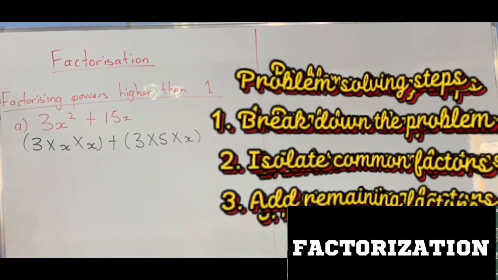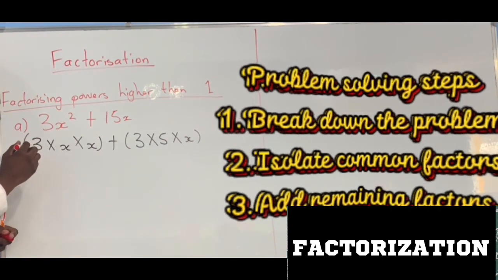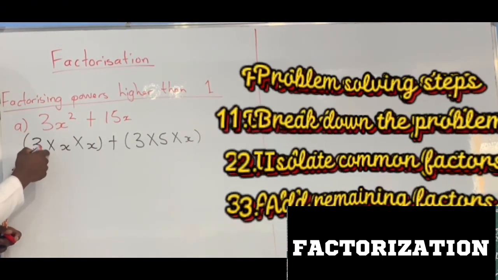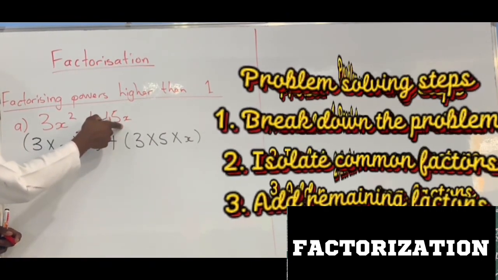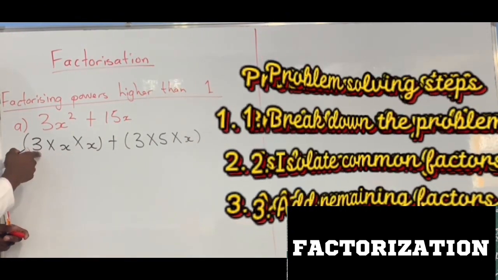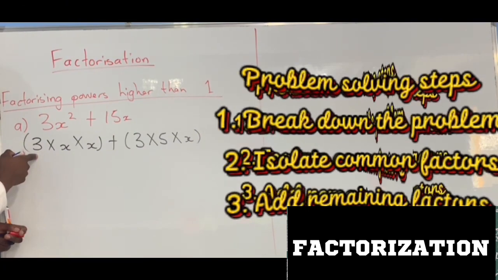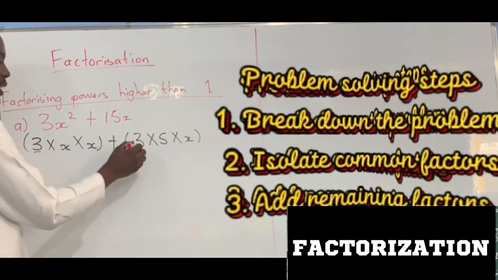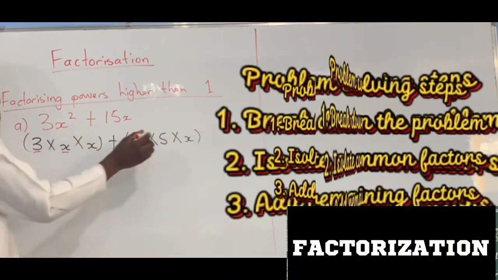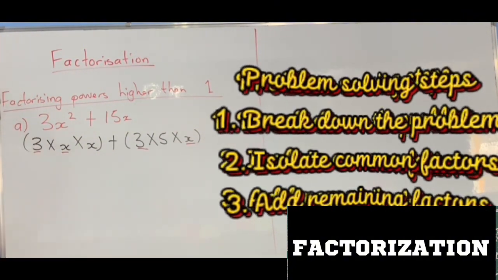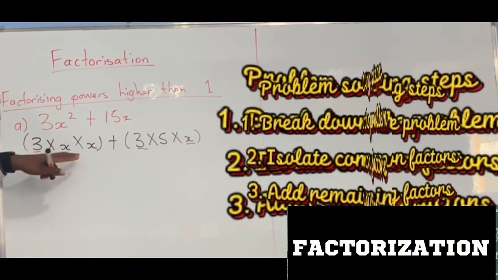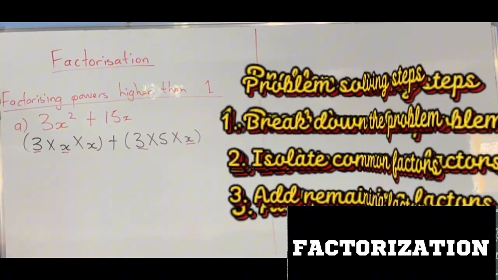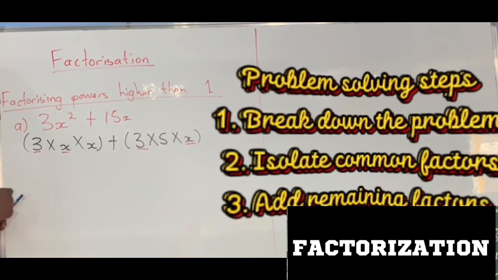So here we can see that we have a 3 this side and also an x. We have a 3 this side and an x. So we factor out the 3 and we also factor out the x and we multiply them together, and what will remain are the x and the 5, which we are going to add in the last step.